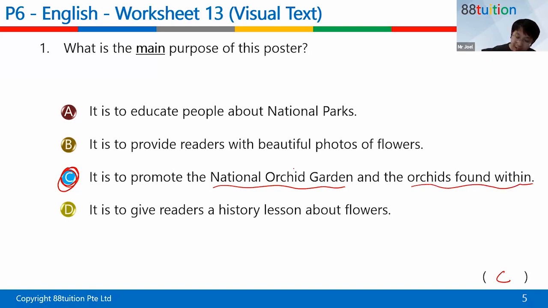The National Orchid Garden is in a park, right? It's in the Singapore Botanic Gardens, and the Singapore Botanic Gardens is part of national parks. That is true. Yeah? But the poster is not to educate people about national parks, it's to promote the National Orchid Garden specifically. Okay, so answer is C.